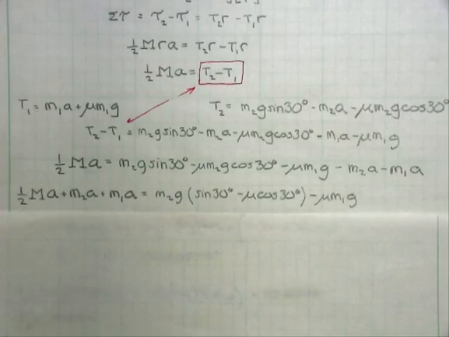And what I've done is I've grouped on one side of the equation all of the a's, on the other side all of the g's. Again, stop the video if you need to take a look at that.